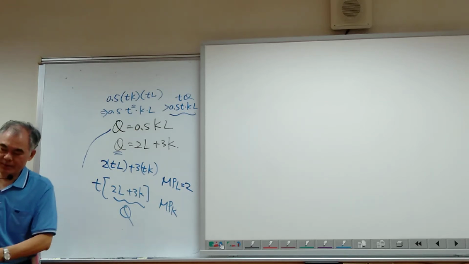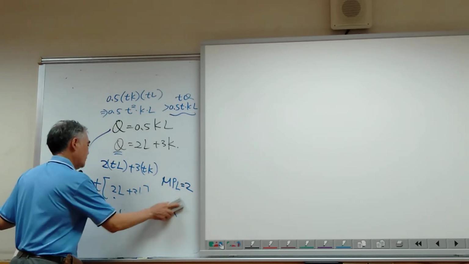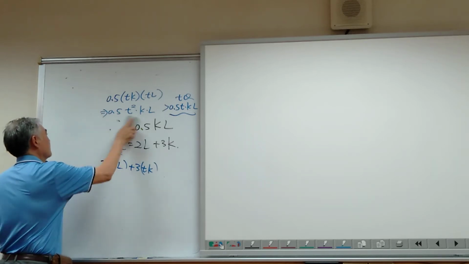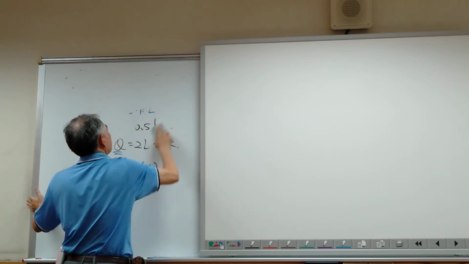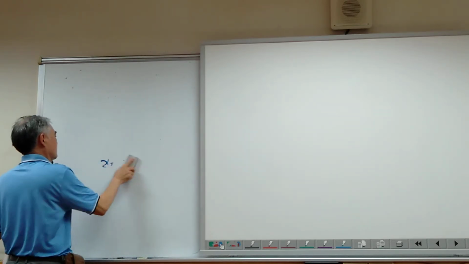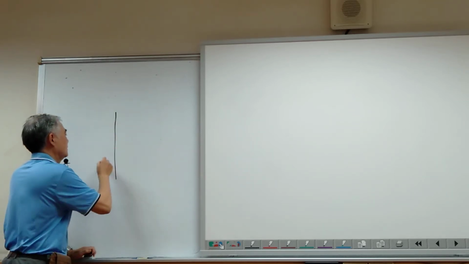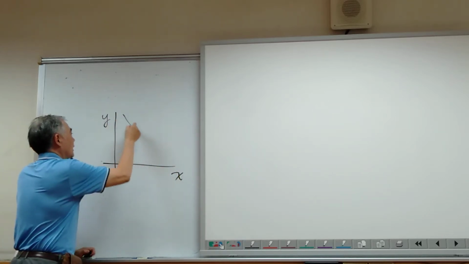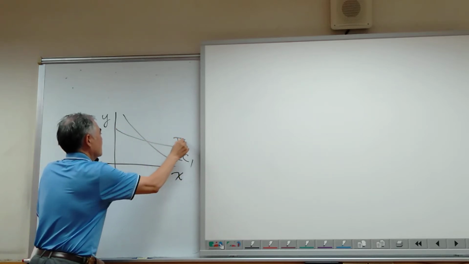Remember when we talk about consumers, we have indifference curves, right? Consumer, you have indifference curves, so this is good X, this is good Y, right? And this is indifference curve 1, and here it is indifference curve 2.